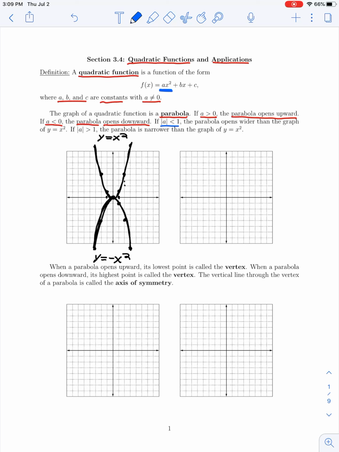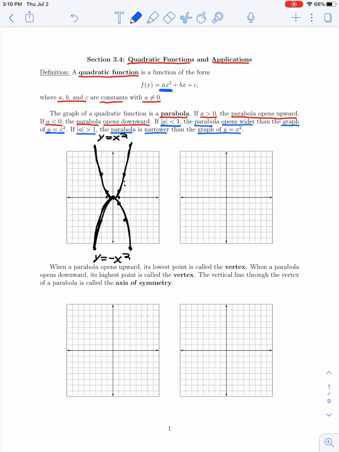Well, if the absolute value of a is less than 1, so that is if we have some number between negative 1 and positive 1, then our parabola would open wider than the graph of y equals x squared. Whereas if the absolute value of a is greater than 1, if we have any number greater than positive 1 or less than negative 1, then our parabola will be narrower than the graph of y equals x squared.